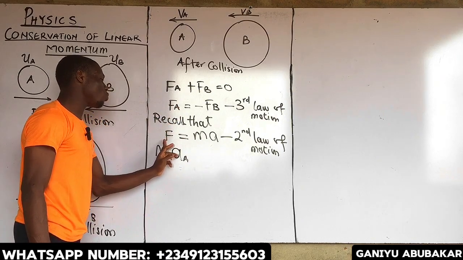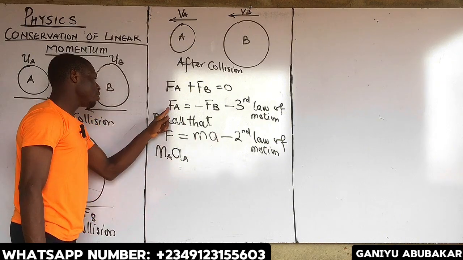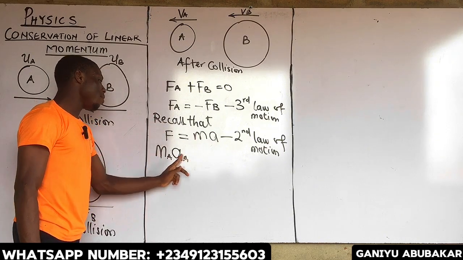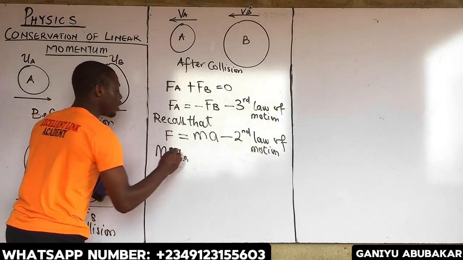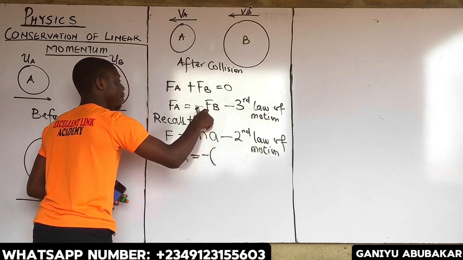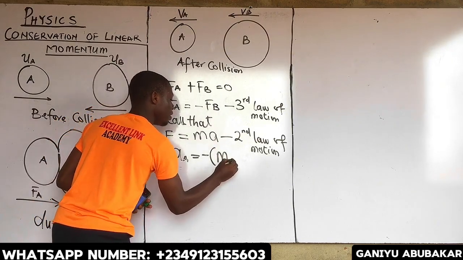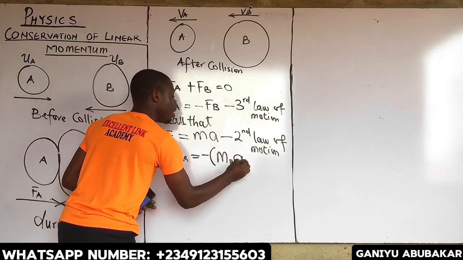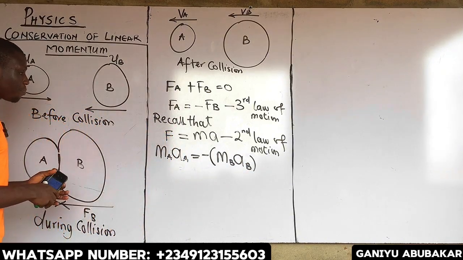So replace force with mass times acceleration. So this force is now MA, but I'm having section A, or AA here. So it's now equal to negative force, and force is MA, so I'll be having this is section B and AB.